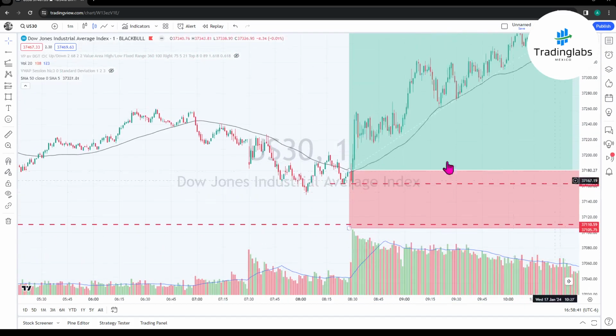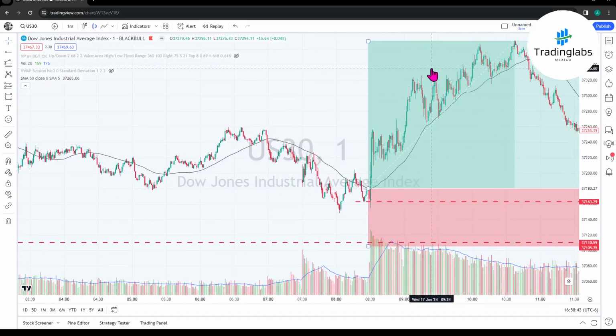Every time that I win, I make 20% of my account. Every time that I lose, I lose 5% of my account. Overall, I'm winning more than I lose.